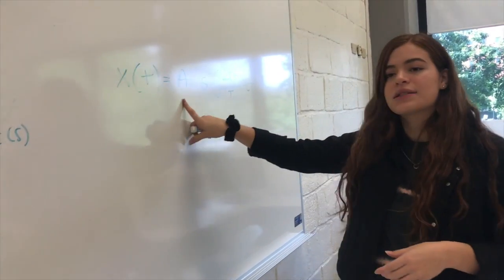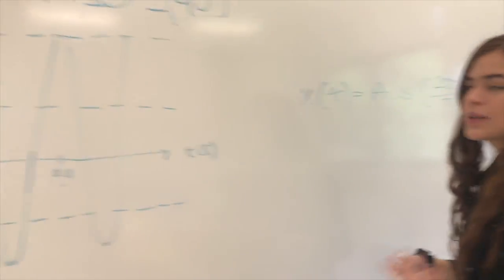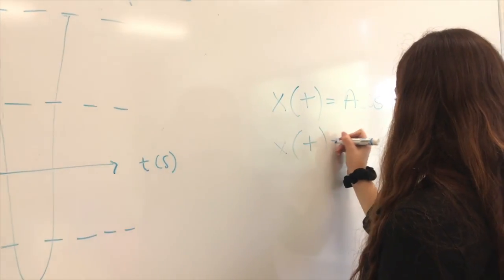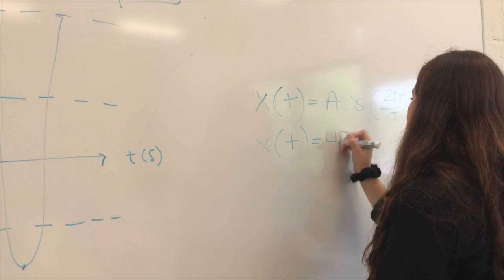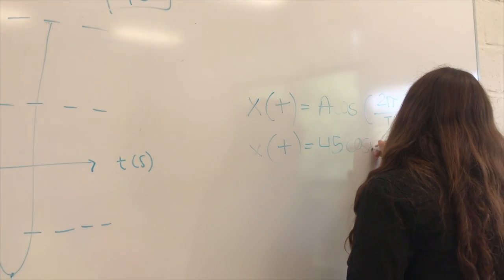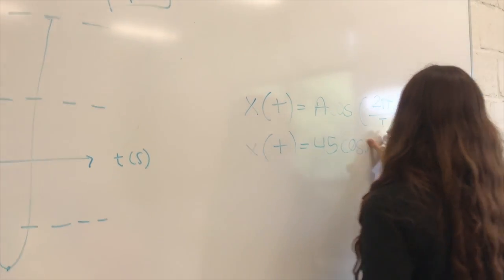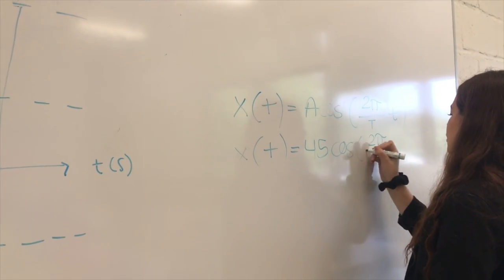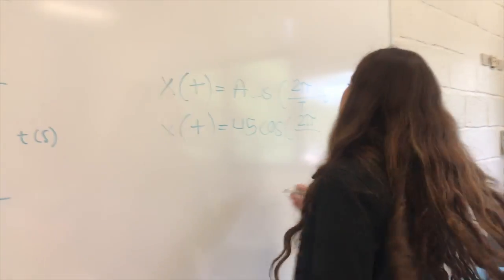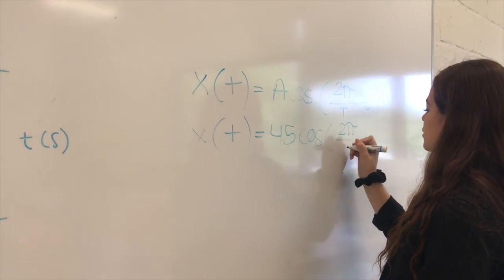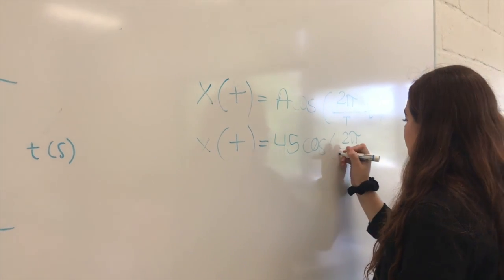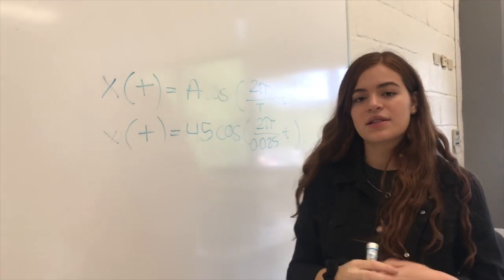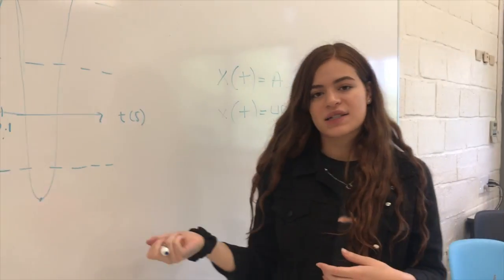Let's remember that A stands for amplitude, which in the problem is 45, times cosine, over the period we got here, which is 0.025, times time. And the answer given will be a coordinate in the y-axis.